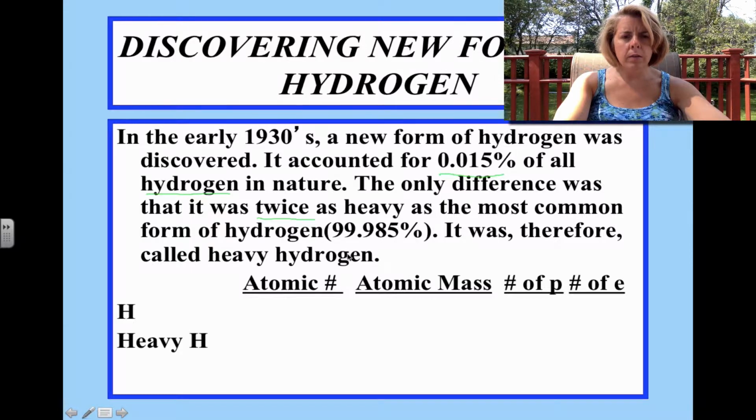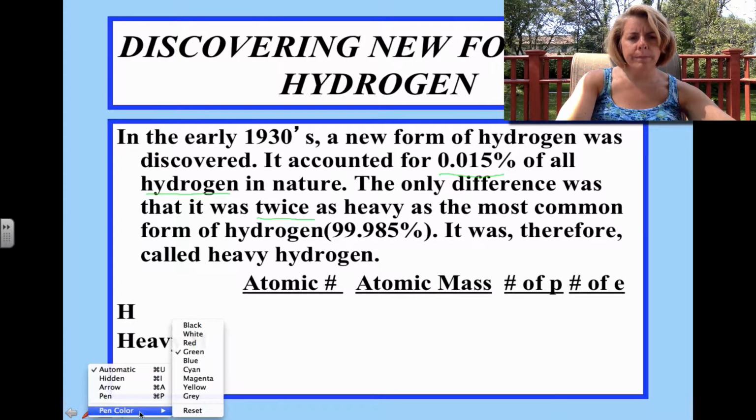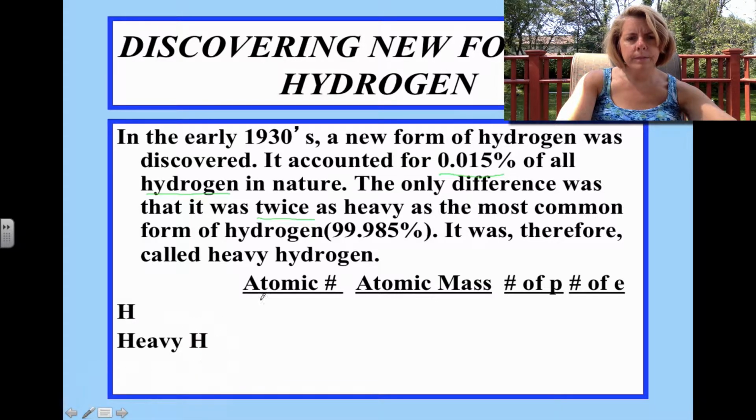Okay, so for heavy hydrogen, we know the atomic number of hydrogen is 1. For heavy hydrogen, what do you think it is? It also is 1. Okay, for the atomic mass of hydrogen, it's 1.0079.